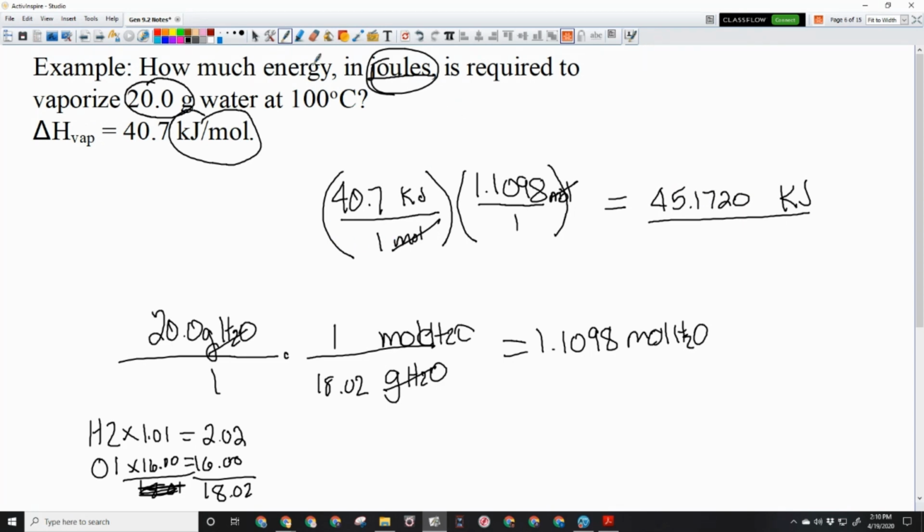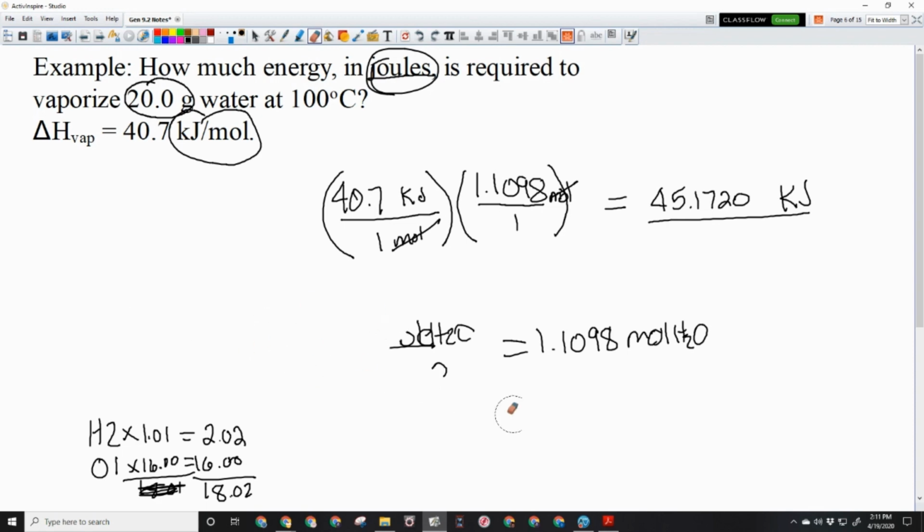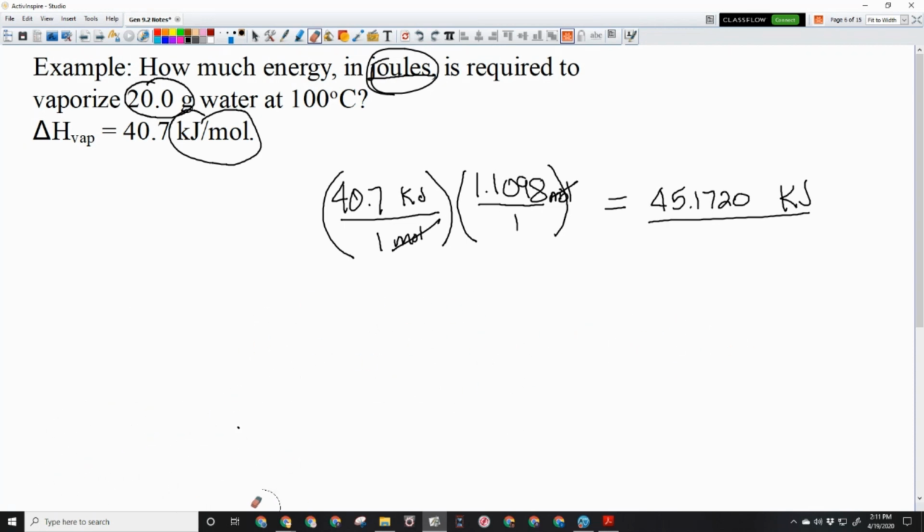So we have to do another conversion. So I'm going to go ahead and erase this so I'll have room to work to do another conversion. All right. 45.1720 kilojoules over 1.